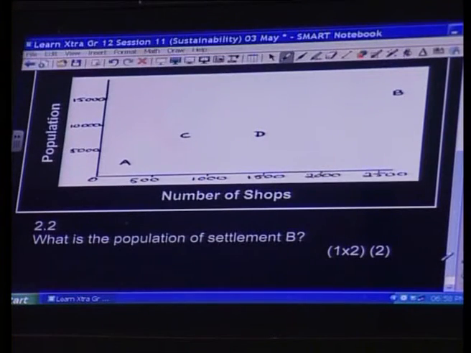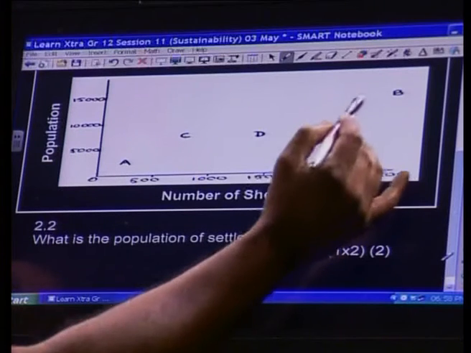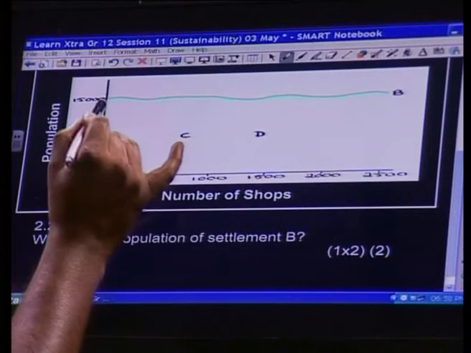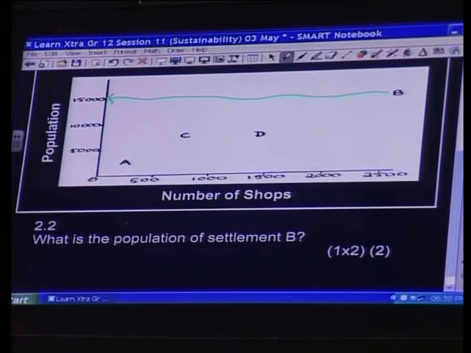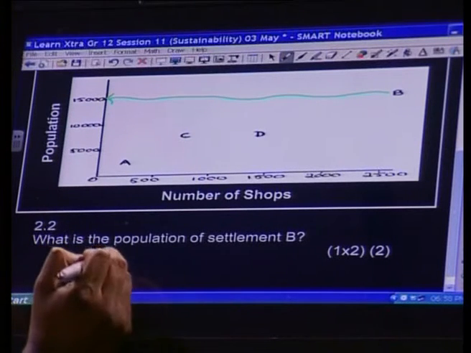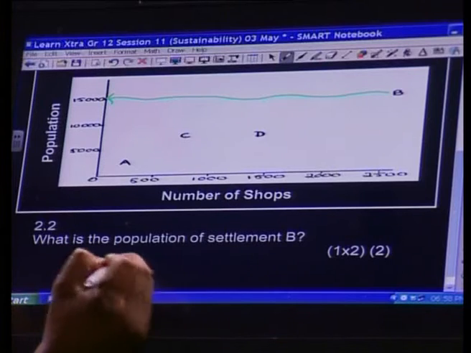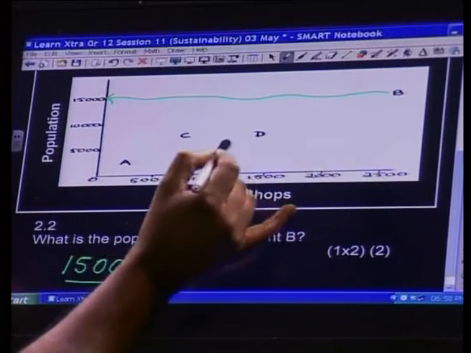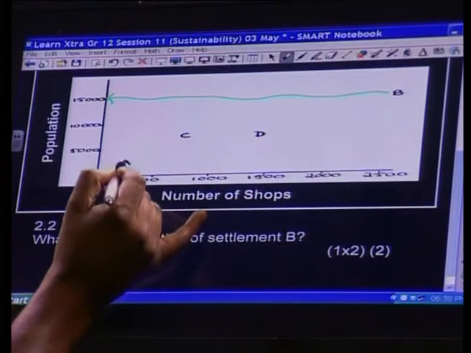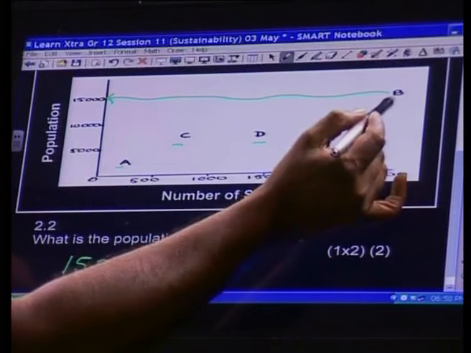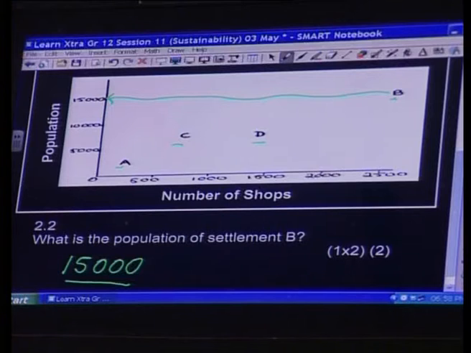What is the population of settlement B? If we look closely at settlement B in terms of the population, it is almost 15,000. My correct answer is 15,000. It is worth noting that settlement B has a higher population than settlement C, A, or D, which means it would be obviously higher up the settlement hierarchy.